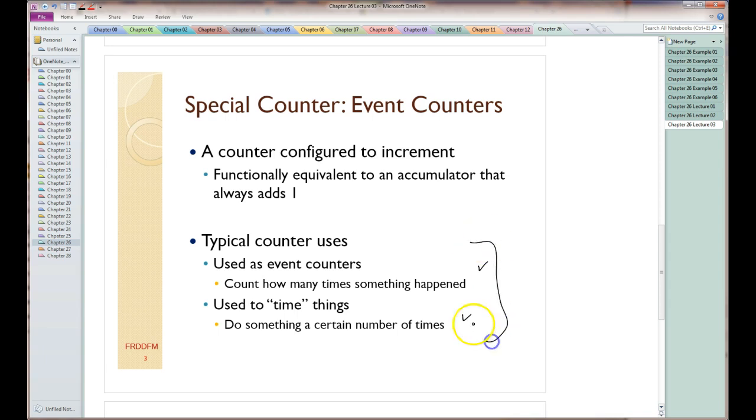Typical uses are counting things such as events or counting things just to time something. The event counter is equivalent to an accumulator where you're always adding one, so I thought I'd draw that real fast.